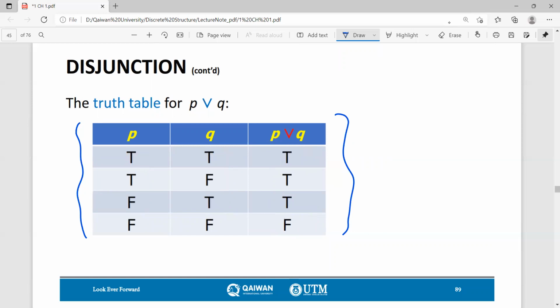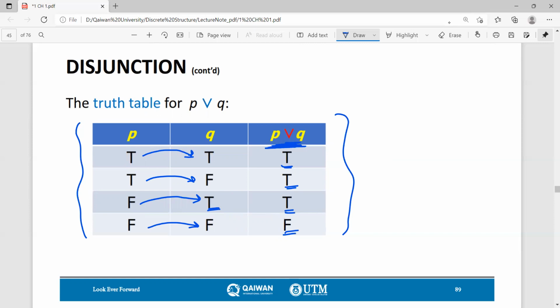True or true, as you see, they are joined by or, is true. True or false, here you have at least one true, so the result is true. False or true, here also we have one true statement, so the result is true. False or false, both statements are false, so the result is false.